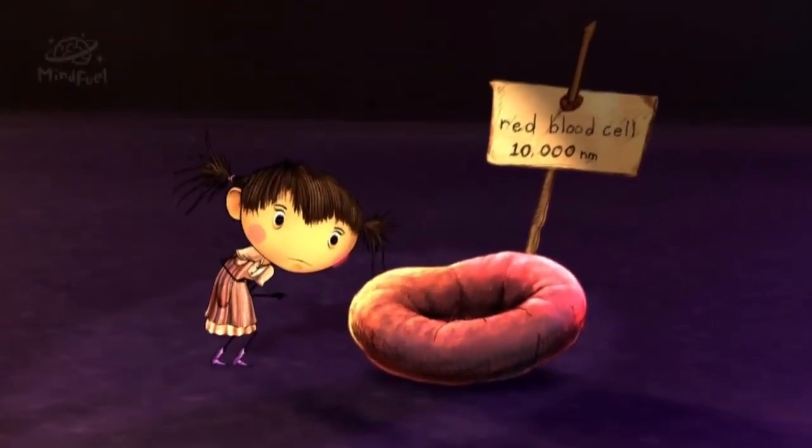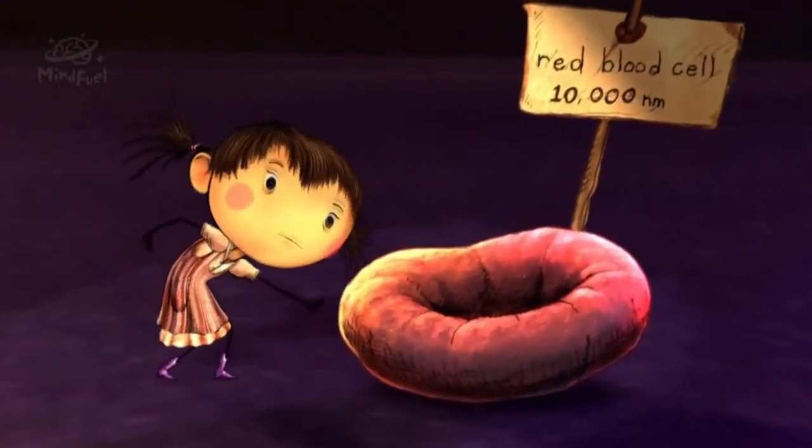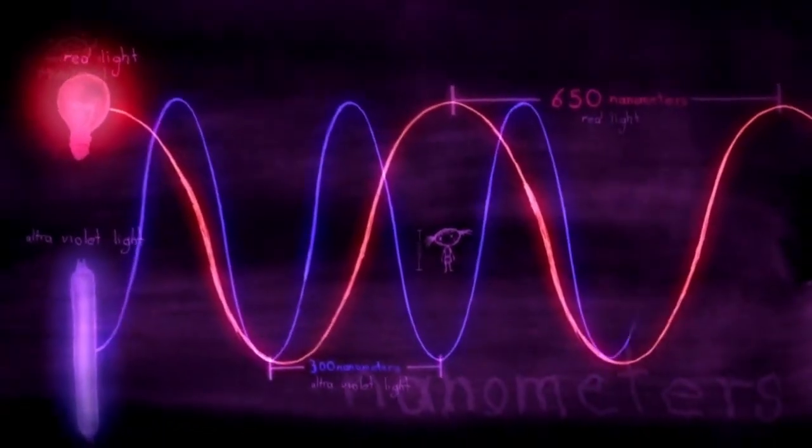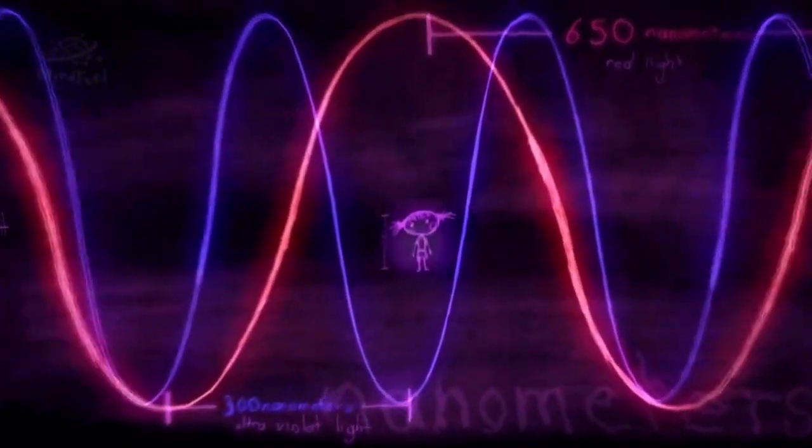To get you down to the nanoscale, we will have to shrink you to about 100 nanometers tall. Hey, where are all the lights? You are now smaller than the wavelength of visible light. You are practically invisible. But for the sake of demonstration, I think we should turn on some lights.